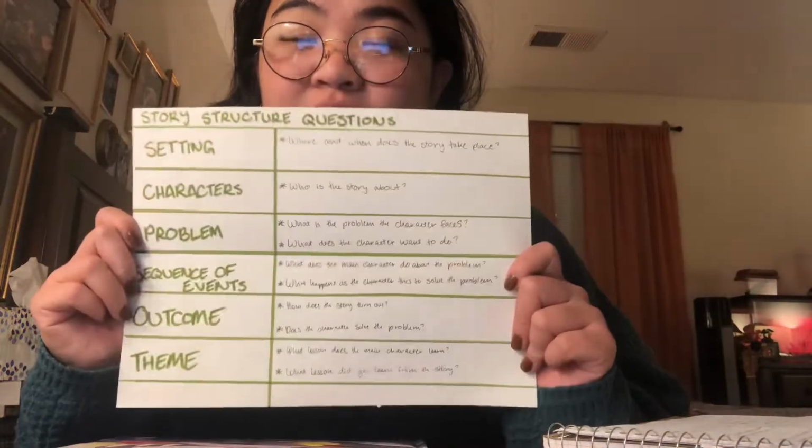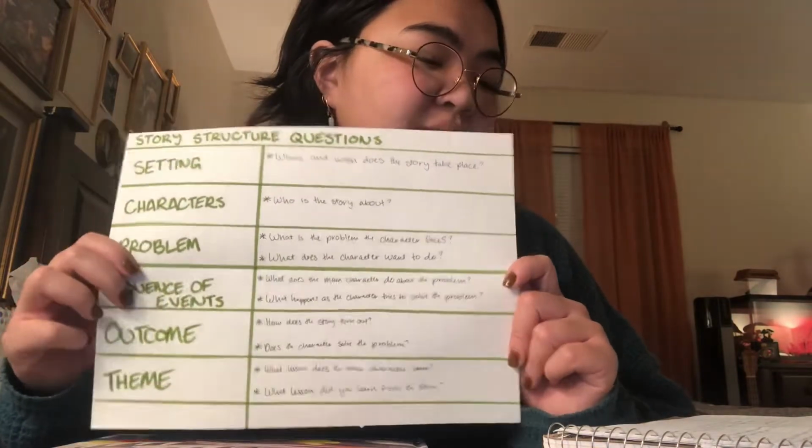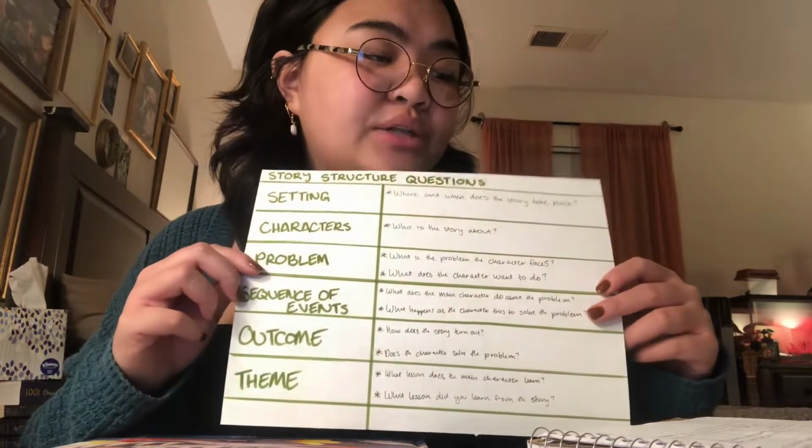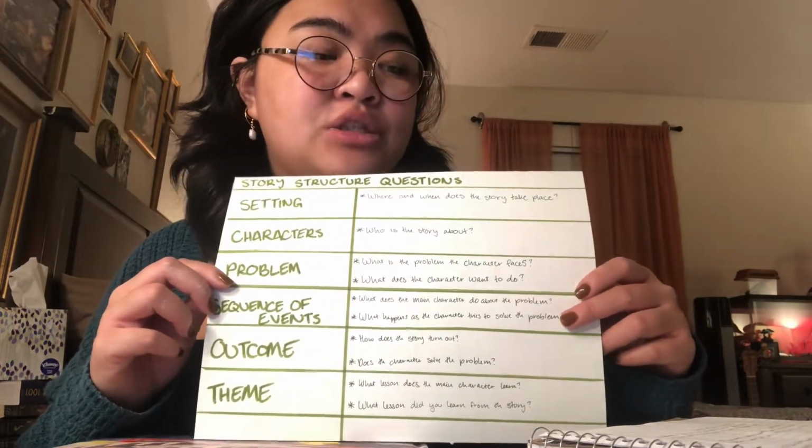You are going to learn how to use the story structure questions to guide you in filling out the boxes on the story map. And these are the story structure questions. Together, we are going to read the story and fill in the story map.